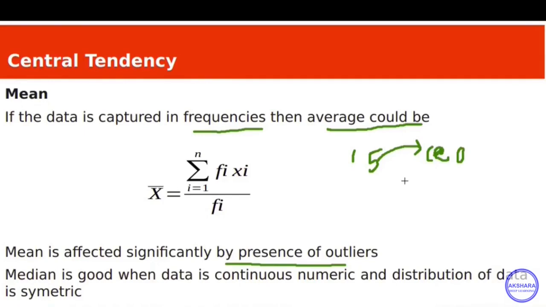Then the average is not a true representative of the group because the mean will change significantly due to the salary of that billionaire. This is far from all other employees. So if outliers are present in the data, mean cannot be a good measure of central tendency. It is not the median. Mean is good when data is continuous, numeric, and the distribution of data is symmetric.